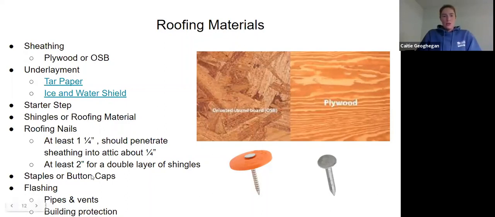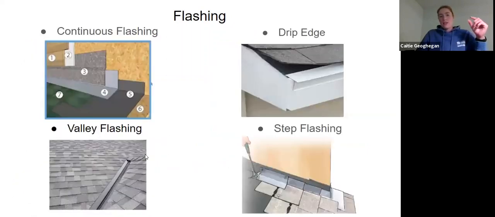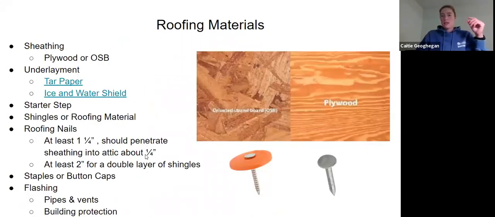It's not going to do anything additional, but basically if it's not sticking through into our attic, then that means it's only going into our 1/2 inch sheathing just a little bit, and we want that to have a little more bite. So if it's poking through, it's biting in more.